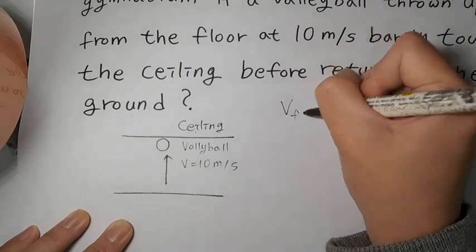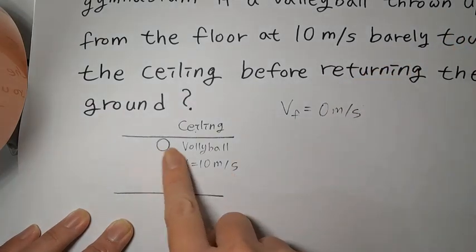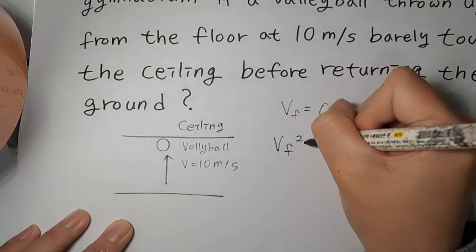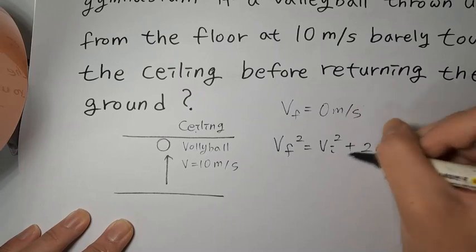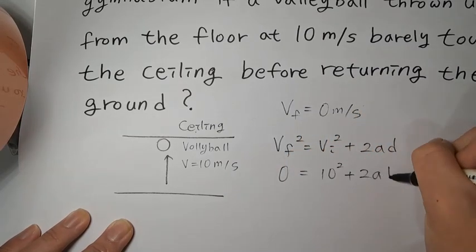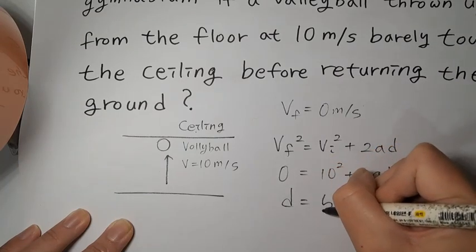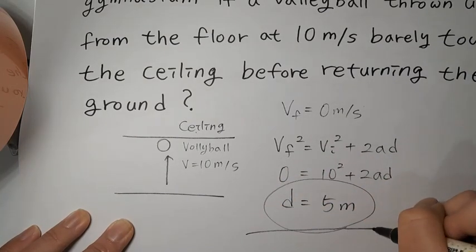And the final velocity is going to be 0 meters per second because it is going to touch the ceiling. So we are going to apply this equation. So the distance is going to be 5 meters.